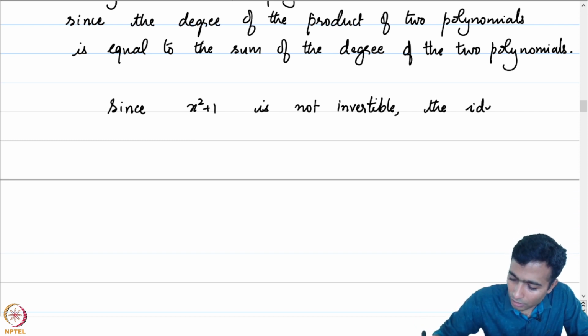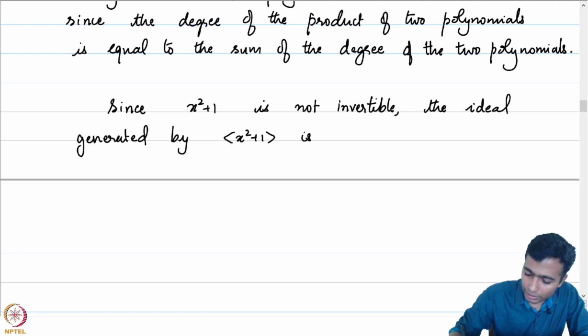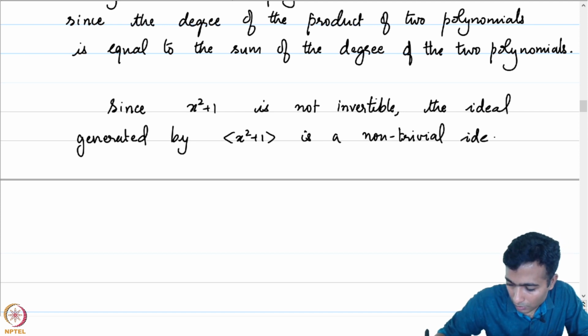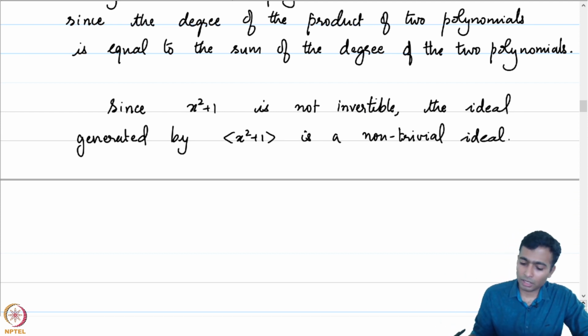The ideal generated by x square plus 1 is a non-trivial ideal. Recall that an ideal is a subset which is closed under addition, and if A is an element in the ideal, then for any element B in the ring, A times B will be in the ideal.